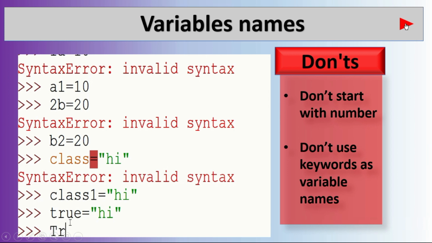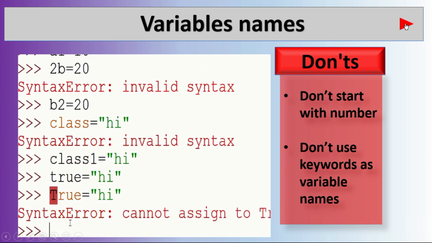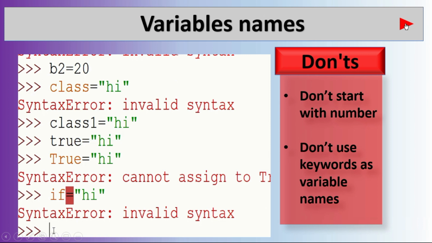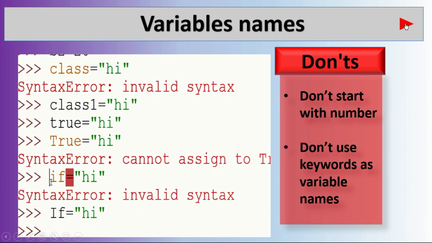True is considered as one variable, capital T R U E, so true equal to hi is a syntax error. if equal to hi is a syntax error because if is a keyword. Capital I, capital IF is considered as one variable because that is not a keyword.